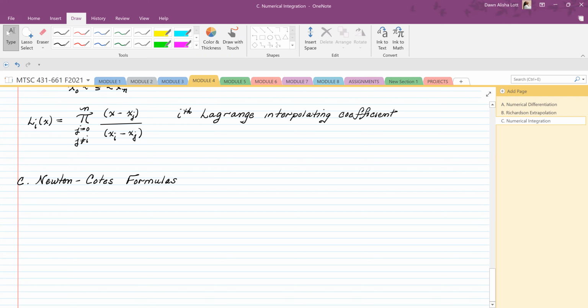And that's kind of like what we're doing now. Okay, so now we want to replace our function f of x in the integral by the Lagrange interpolating polynomial.